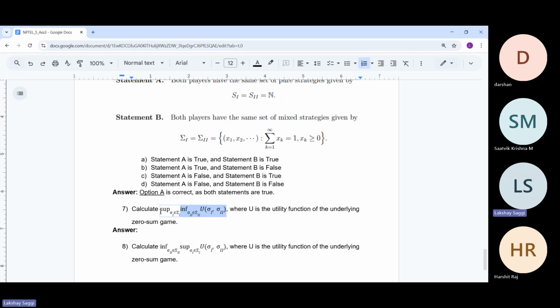So suppose player one chooses any strategy. Player one will have to choose some strategy, and as soon as player one chooses a strategy, it can be a mixed strategy where it assigns, say, the probability 1 by n to the first n numbers, or some probabilities such that the sum over all the infinite terms is equal to one.